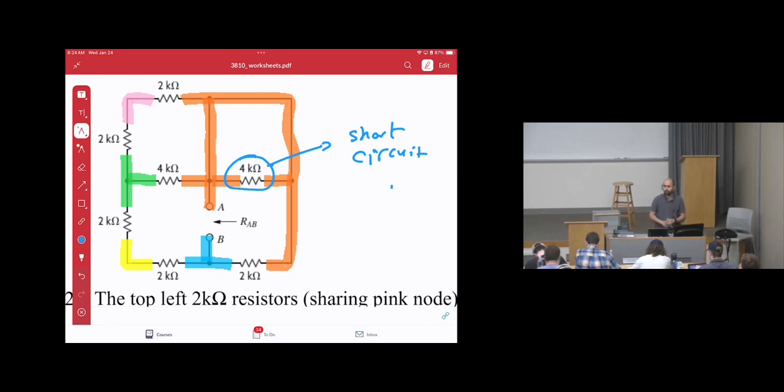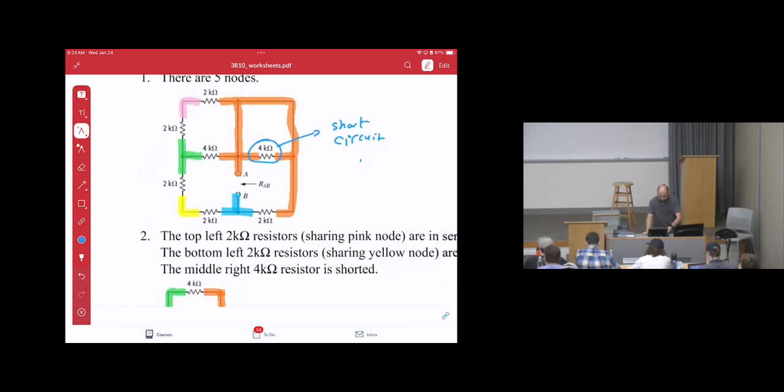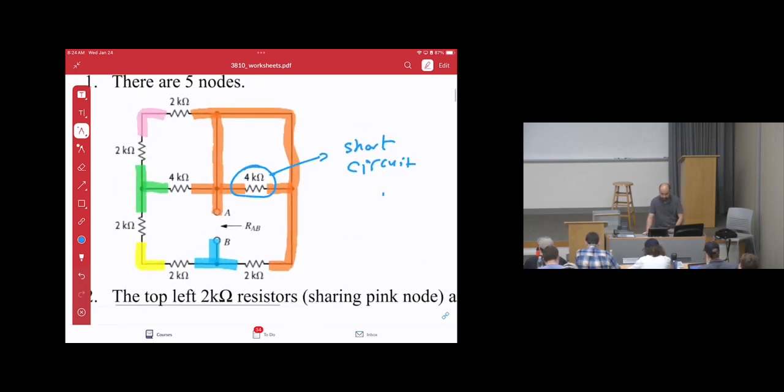You are connecting both sides at the same node. It looks like when you go to the wall plug and try to connect the positive with the negative. Short circuit. With this short circuit, this element is shorted, so basically you need to erase this resistor like it does not exist. Just use the eraser and erase it.